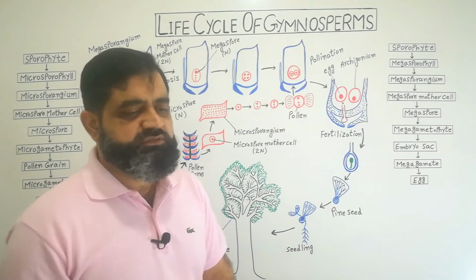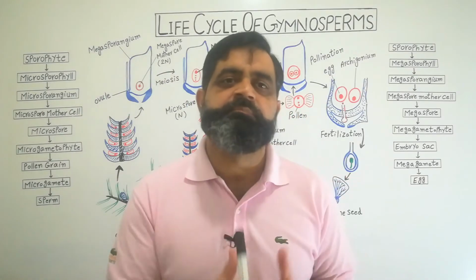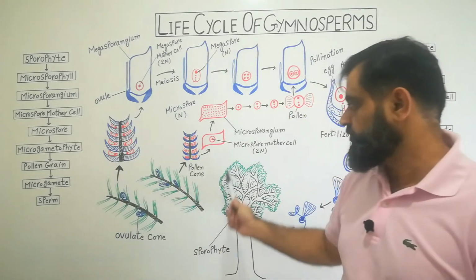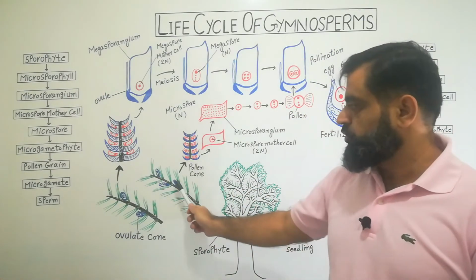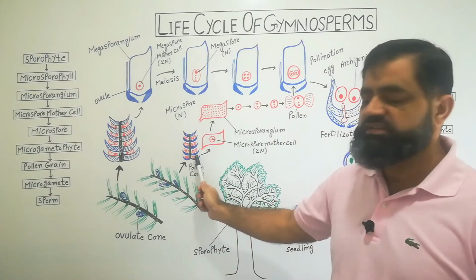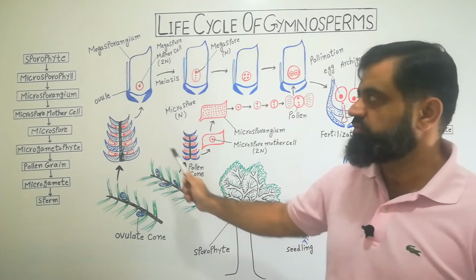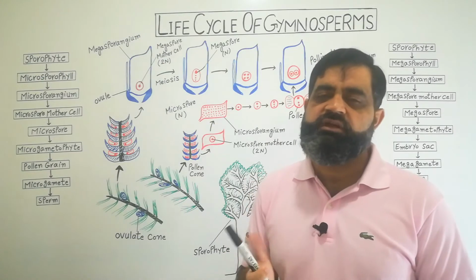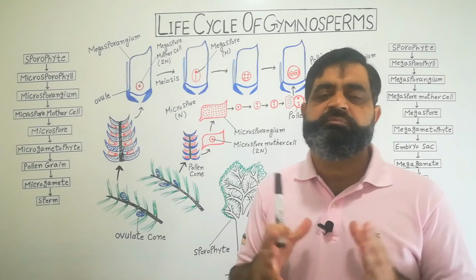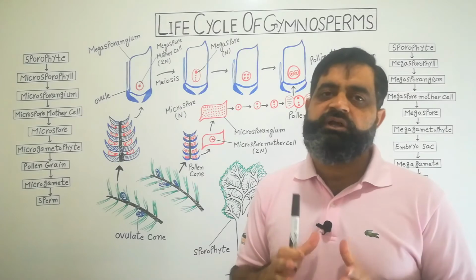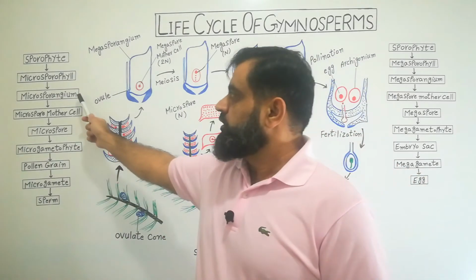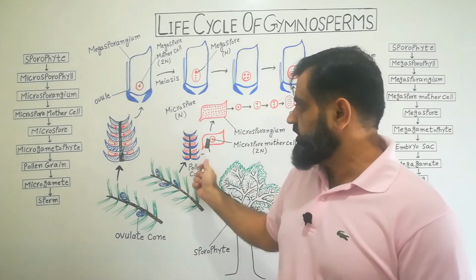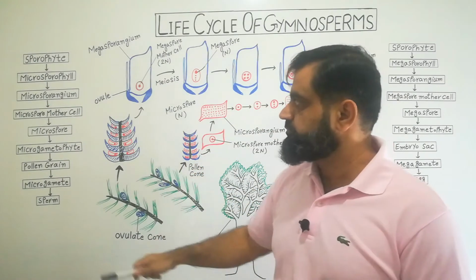This whole process can be summarized as a scheme so that you can easily understand it. Number one, sporophyte. This is a sporophytic plant. It bears cones, and cones have phylls, leaves, which are known as microsporophylls. Micro means male, sporo means spore, phyll means leaf. Such leaves which bear spores are called microsporophylls. The microsporophyll contains microsporangium, as you can see over here, in red color.